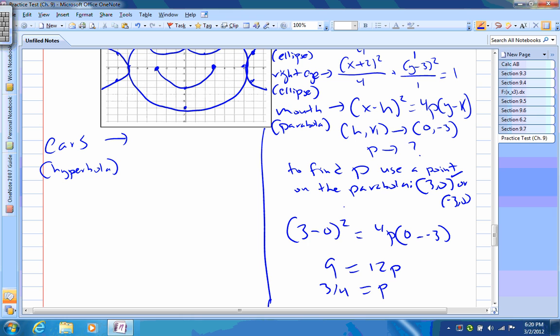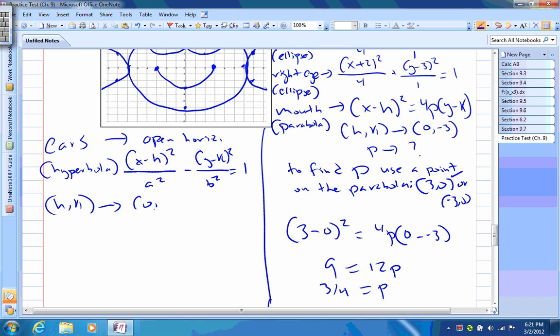For the ears, or hyperbola, same thing. Now it's going to open horizontally, so we want to use this equation. h and k should be obvious: 0 comma 0. You see how you have negative 6, 0 and 6, 0.